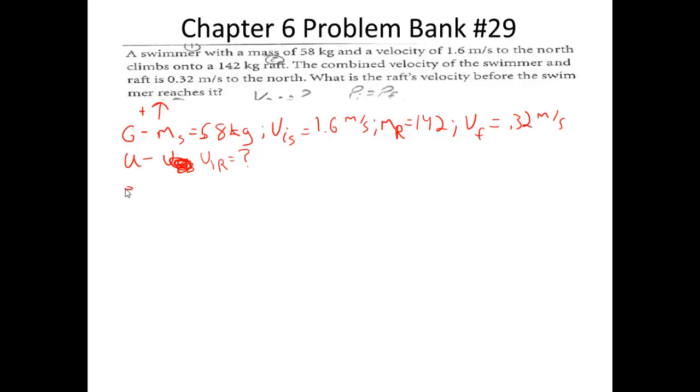Our equation is going to be the initial momentum of the swimmer plus the momentum of the raft is equal to the combined masses multiplied by their final velocity. Substitute in our knowns, and we know that our momentum is mass times velocity.